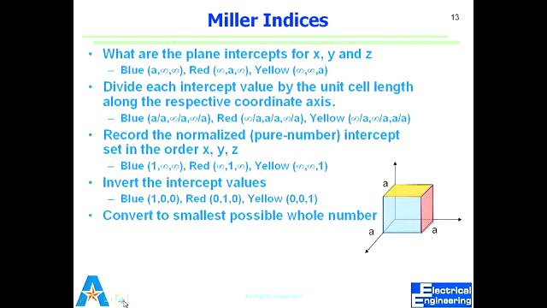Now, when I say I have a 100 crystal, what would that mean? It's essentially a plane which is the front of the cube, and the back is an equivalent plane.